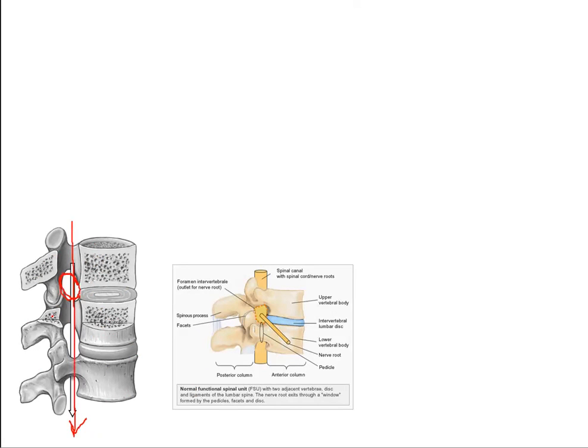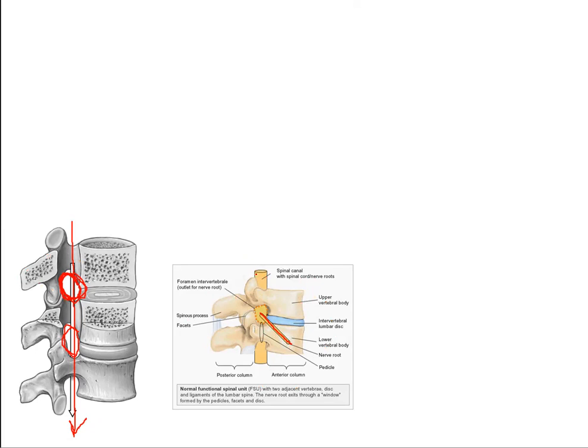And so that extends vertically, but then kind of coming out to the sides, there are these lateral holes that are only formed when the vertebrae are articulated together. So only when it's a spine, not an individual vertebra. And these holes are called intervertebral foramina. And this is where something called a spinal nerve is going to exit.